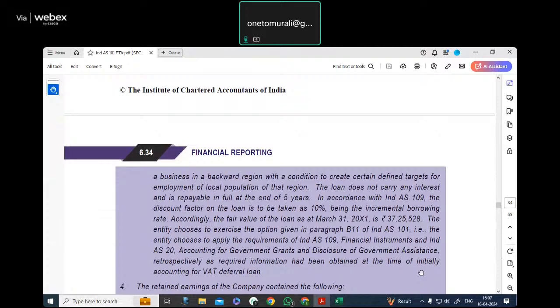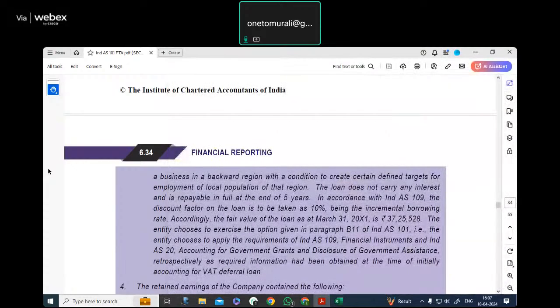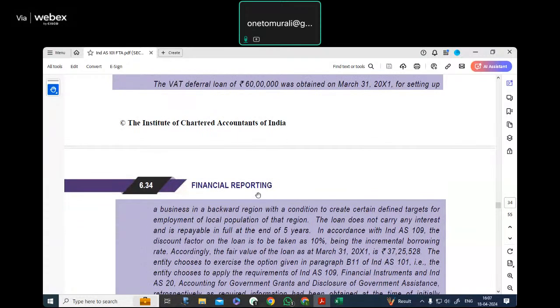25,528. That means the present value of the future amount, if you adopt 5 years later, let me just see. So 1 divided by 1.1, 5 years later, 1, 2, 3, 4, 5, multiplied by the loan amount of 60 lakhs comes to 37,25,528.